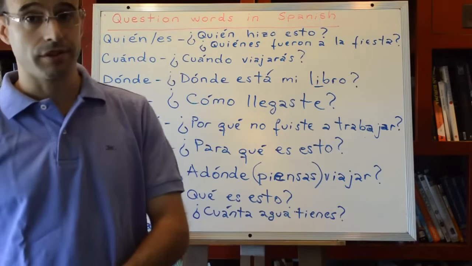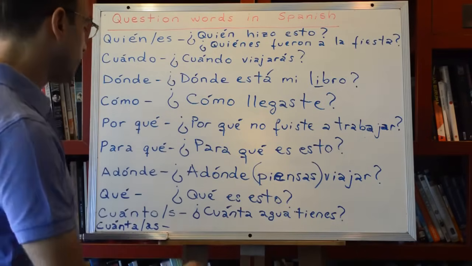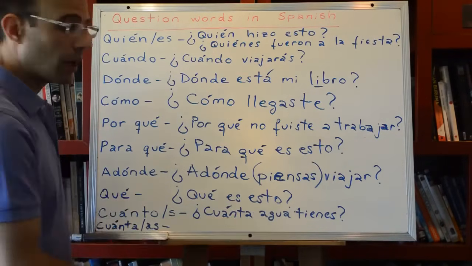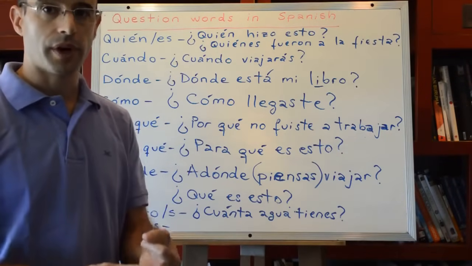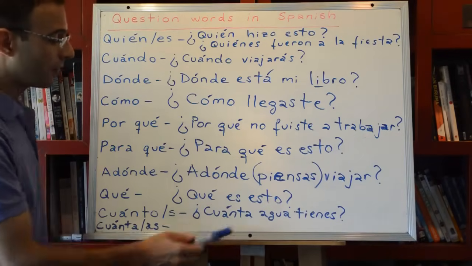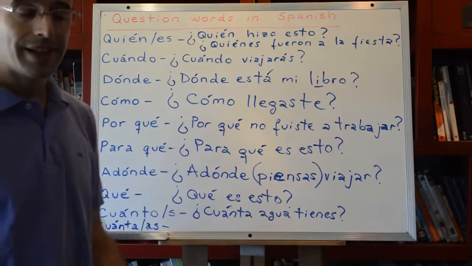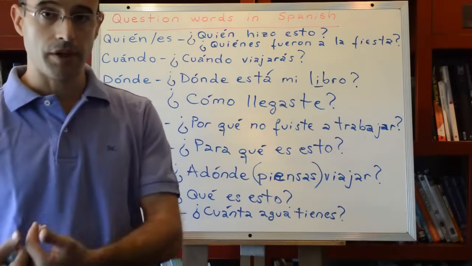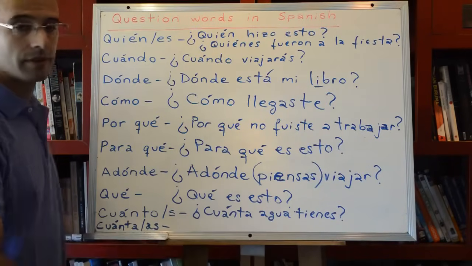Tener means to have, okay? ¿Cuánta agua tienes? So, since water, agua, is uncountable, we cannot say one water, two waters, three water, right? So therefore we use cuánta without the S. And in Spanish, the noun water, which is agua, is feminine. It carries the feminine article. Therefore we ask cuánta, right? With A.